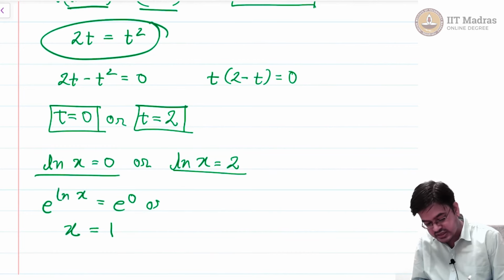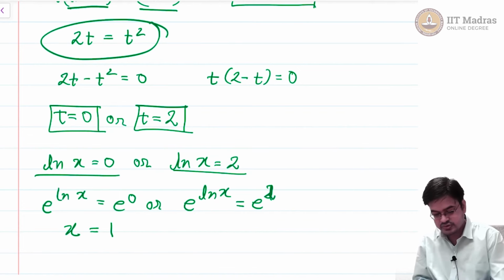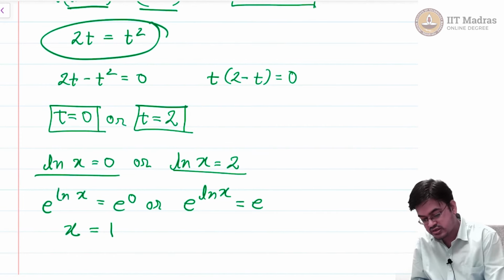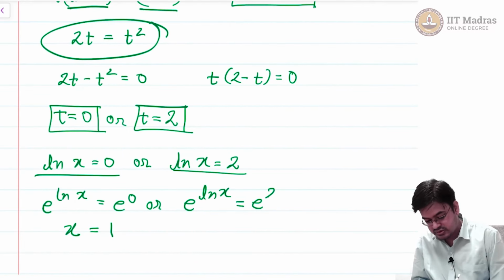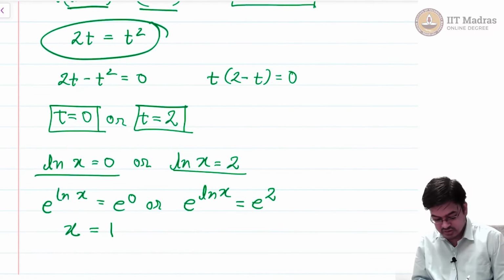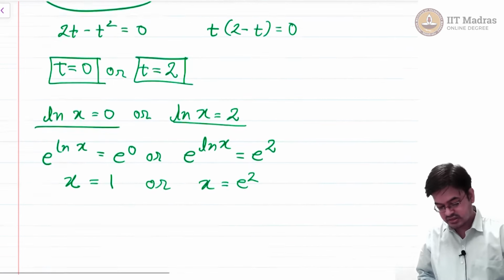In this case, exponentiating will give me e raised to ln of x is equal to e raised to 2. Sorry, by default I wrote something else, so I will write it as e raised to 2. Fine. So that will give me x is equal to e square or x is equal to 1. This is what the answer is.